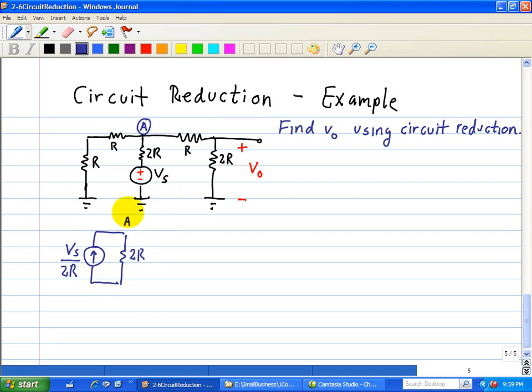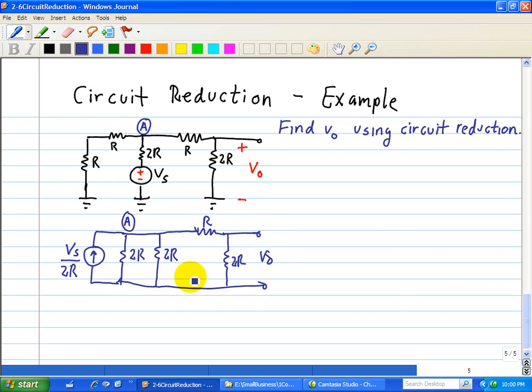At point A, now we've got to replace this R and R combination. We have 2R in parallel with that combination. And then we have this R and 2R right here, and VO.